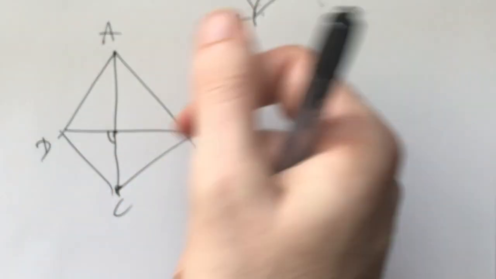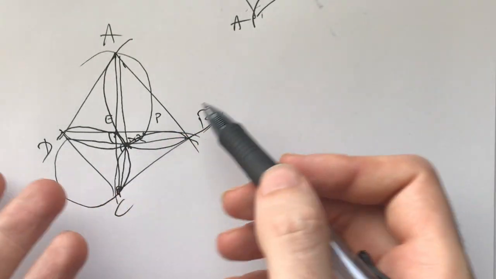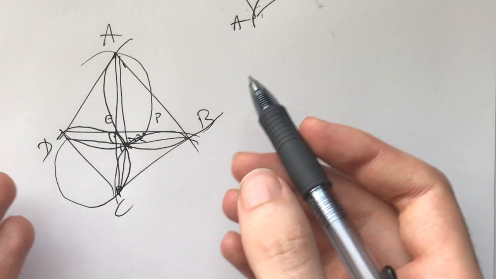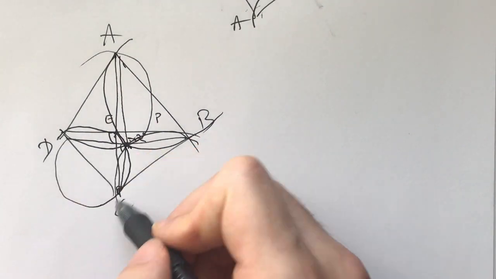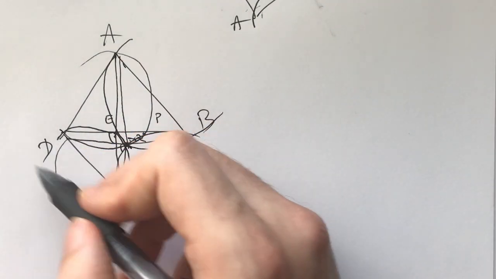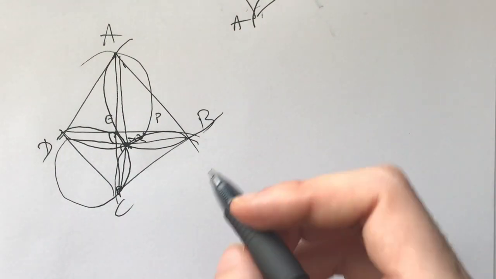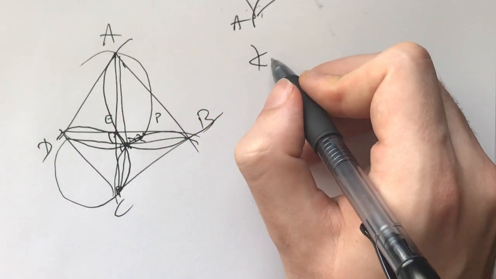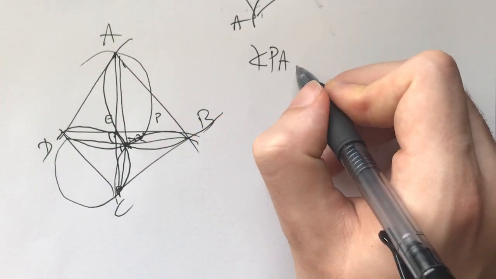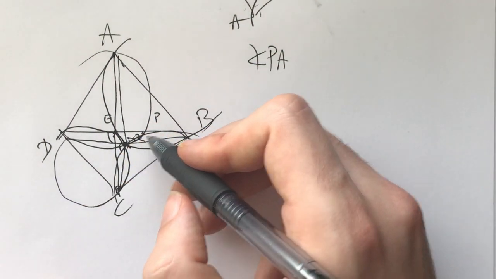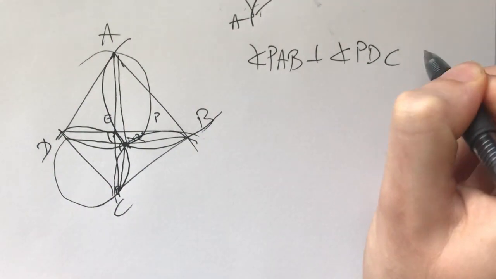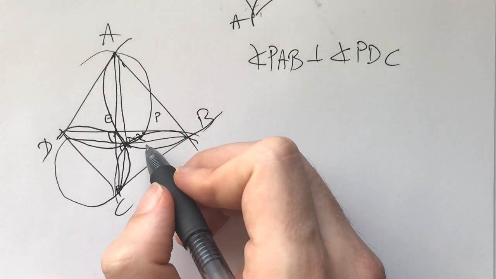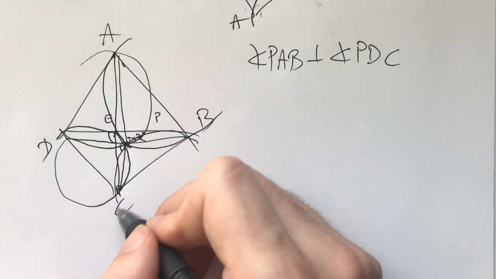Here's the solution. The answer is it has to be the same way you got it before, because there's no other way. You need to intersect these two circles and then these two circles, and that's how you get P. And now the only thing you need to do is calculate all the angles. So PAB plus the angle PDC is going to be symmetric with PBA plus PCD.